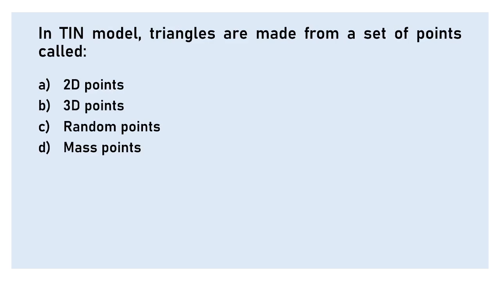In the TIN model, triangles are made from a set of points called what? This also we had discussed. It is mass points, okay? I had drawn and shown you, right?